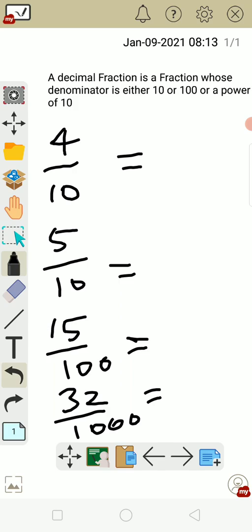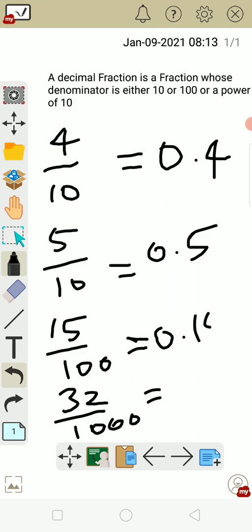So 4 upon 10 we can write like this: 0.4. We can read it as 0.4. Okay, then 5 upon 10 we can represent as 0.5. We can read it as 0.5. Okay, then 15 upon 100 we can represent as 0.15. Okay, we can read it as 0.15.